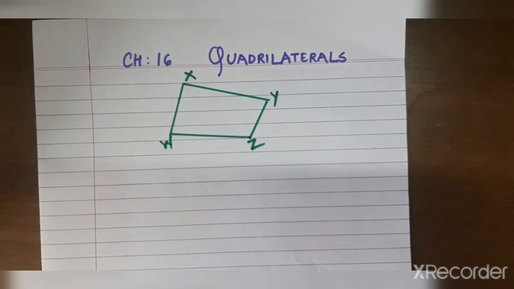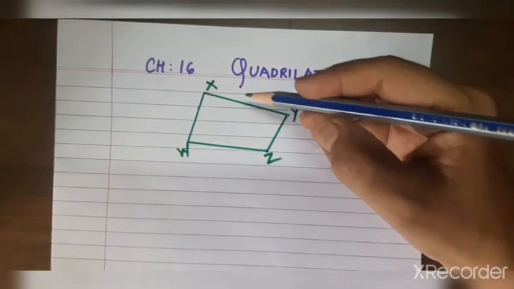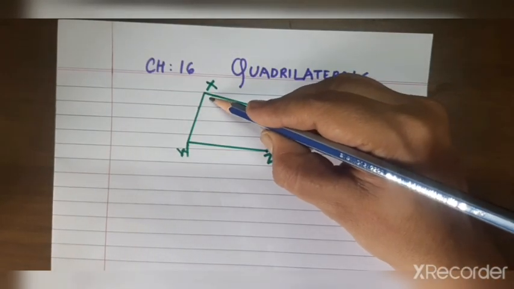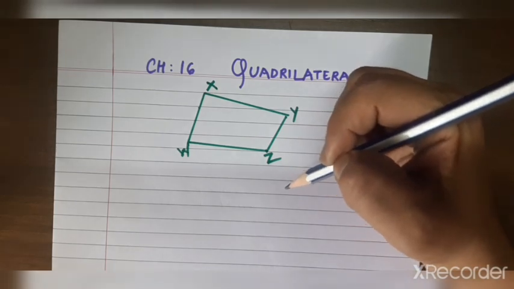Now the first thing asked is to name the pair of opposite angles. As I told you, there are 2 pairs of opposite angles. If I am naming this angle here, the opposite should not have a common arm.